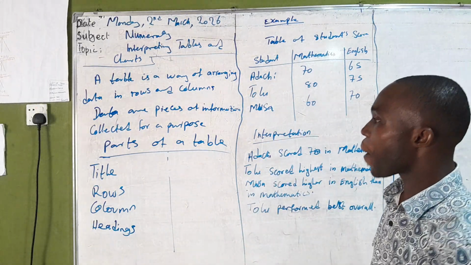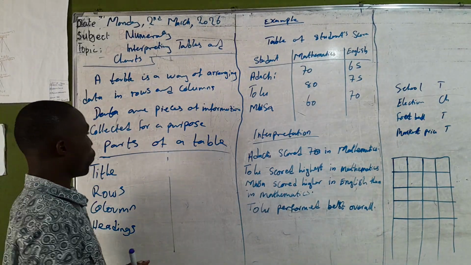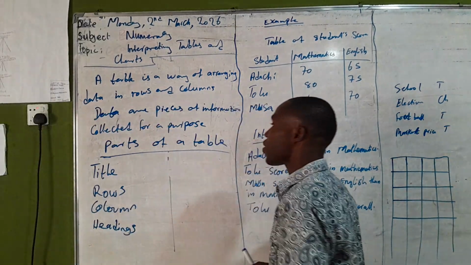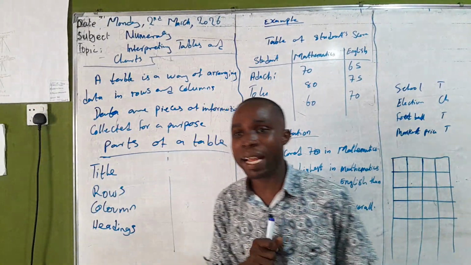Now, parts of a table. Everyone say parts of a table. Number 1 is title.